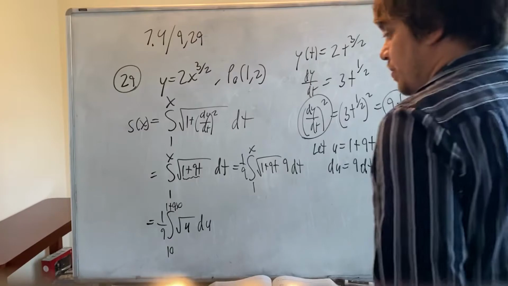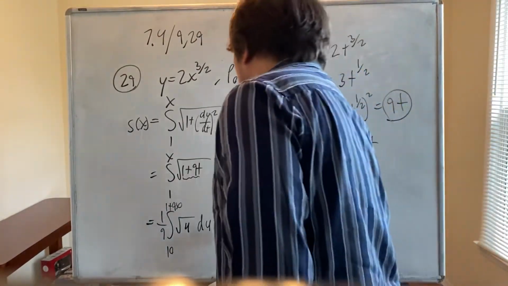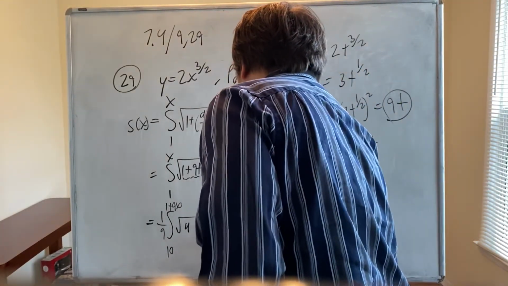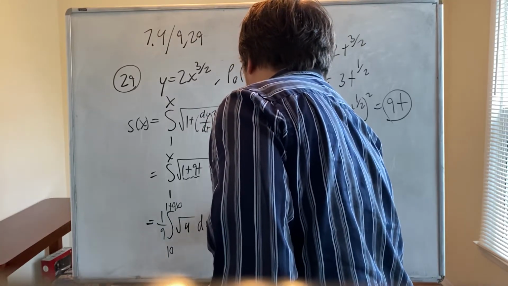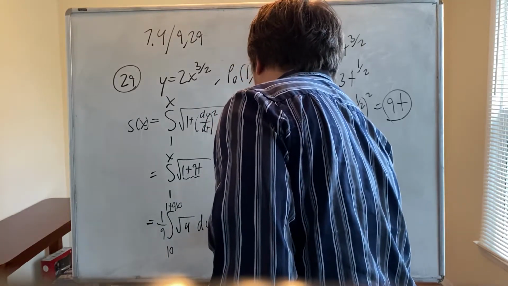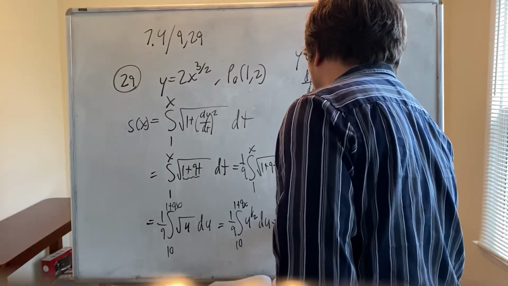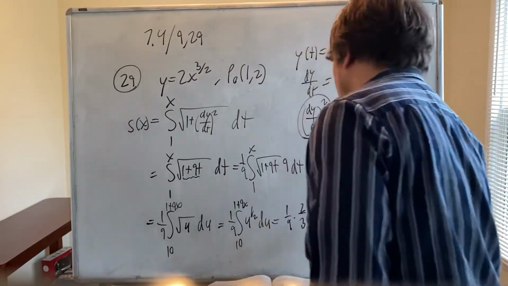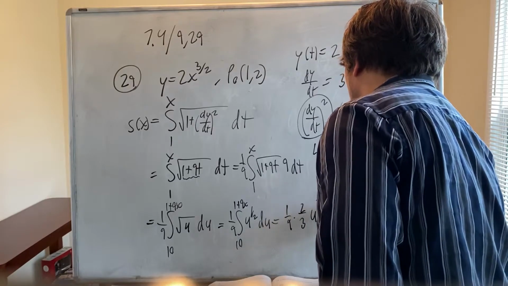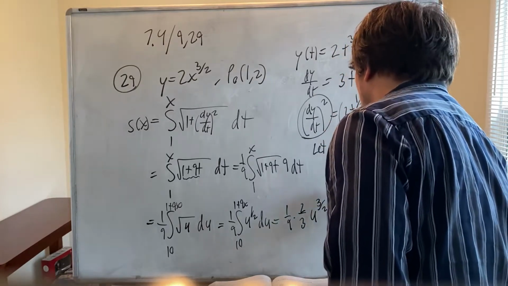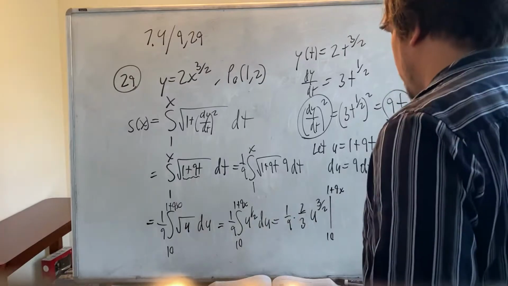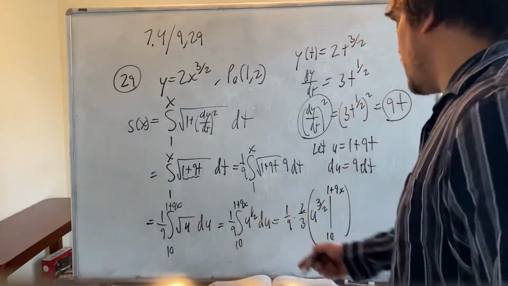Okay? And so this is equal to 1/9 the definite integral from 10 to 1 plus 9x of u to the 1/2 du. This equals 1/9 times 2/3 u to the 3/2 evaluated from 10 to 1 plus 9x by the evaluation theorem. I just moved the 2/3 out there.